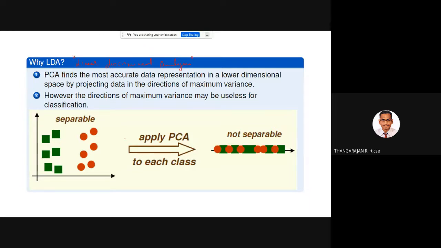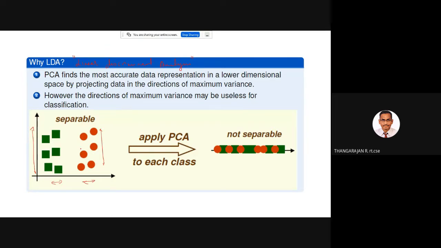Say, for example, you take this particular data set. Here you see that the variation along this axis is more, and along this axis it is more, but along this axis it is less. Now what happens when you project this?